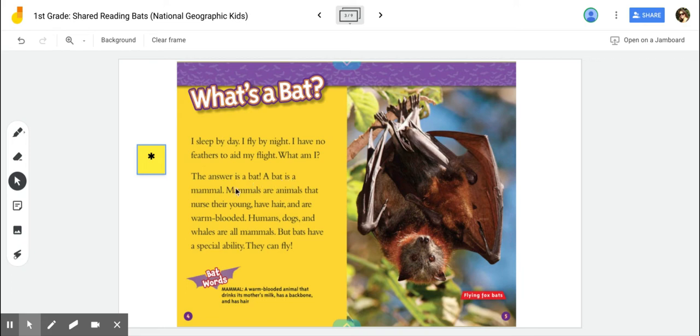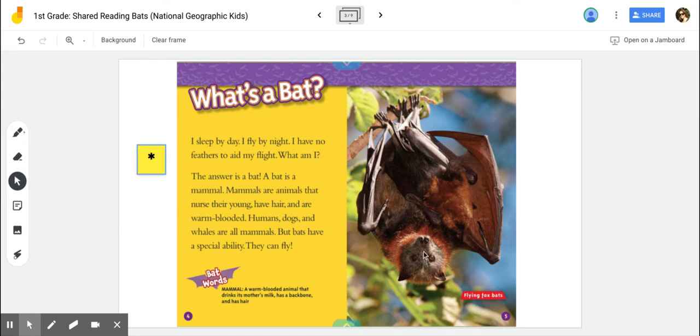A bat is a mammal. Mammals are animals that nurse their young, have hair, and are warm-blooded. Humans, dogs, and whales are all mammals. But bats have a special ability. They can fly.